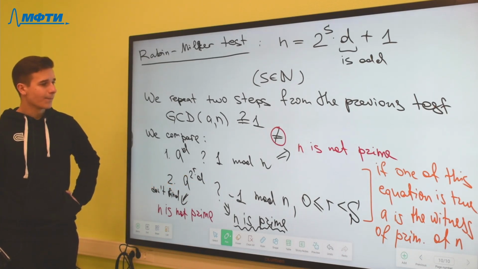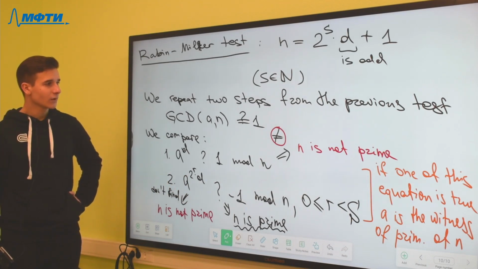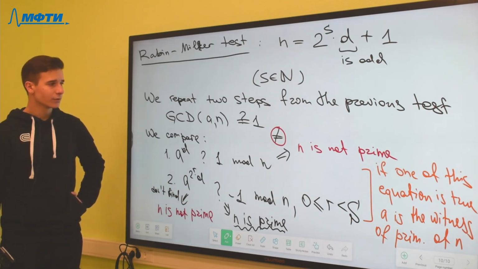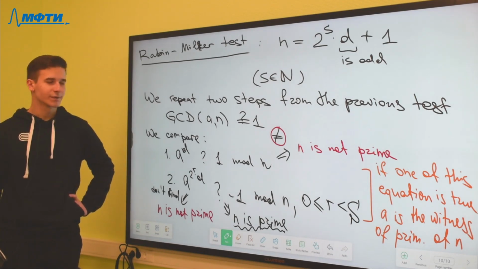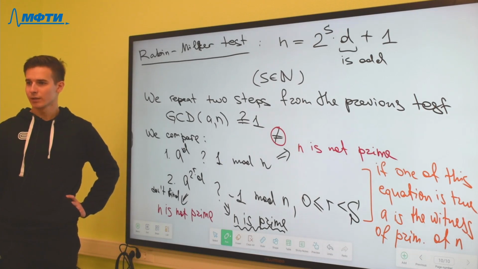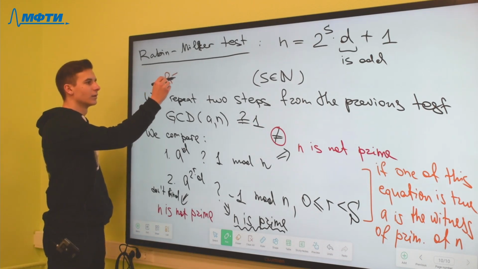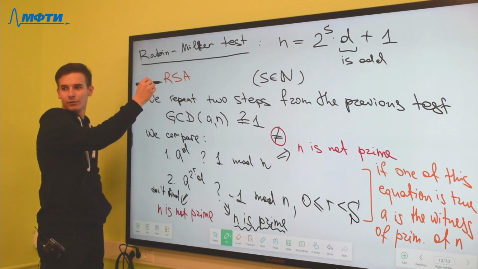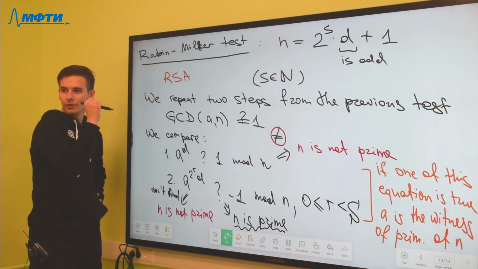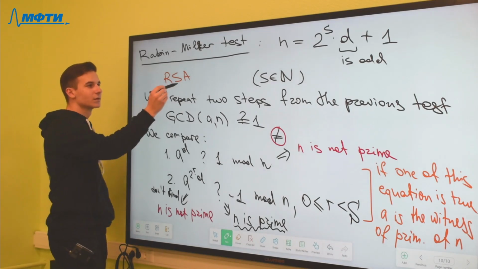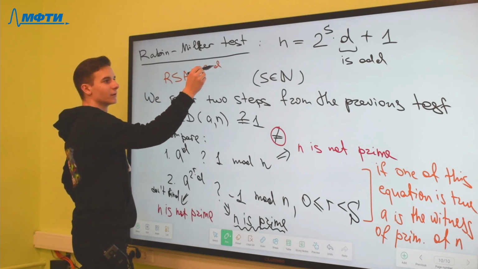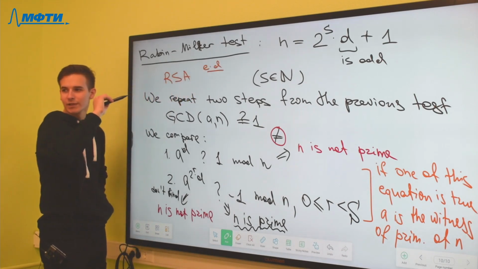So do you know in which algorithm we want to get prime numbers? For example, RSA. Do you know what is RSA? A cryptography algorithm to send some messages with some open and close keys.